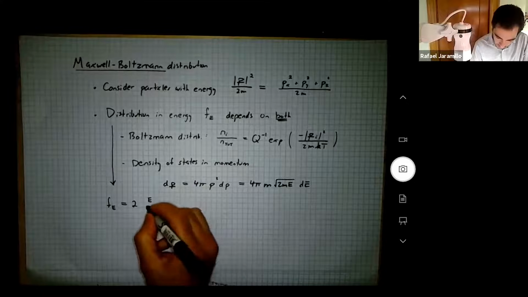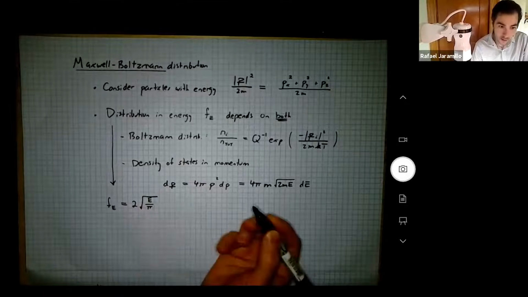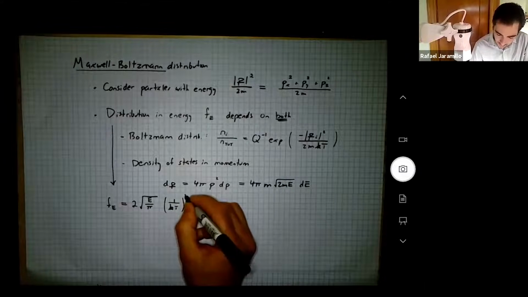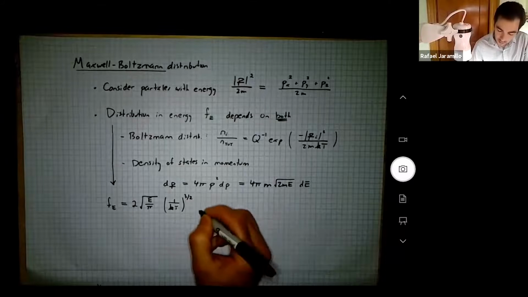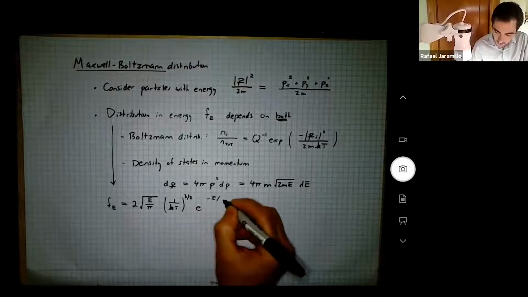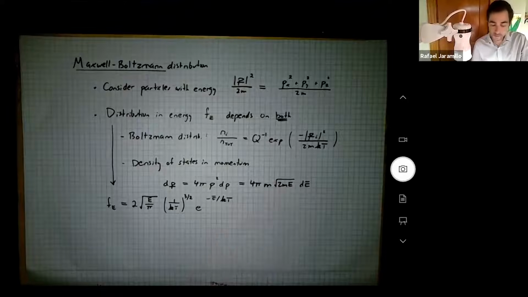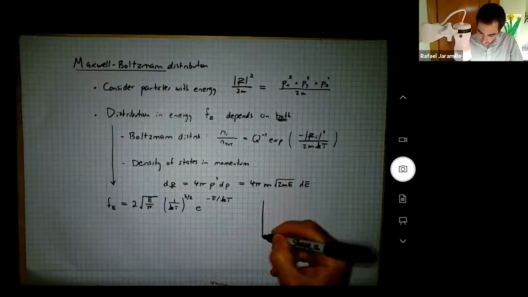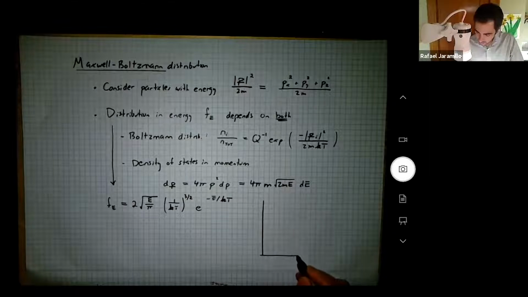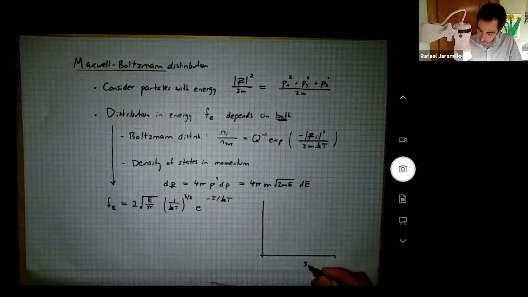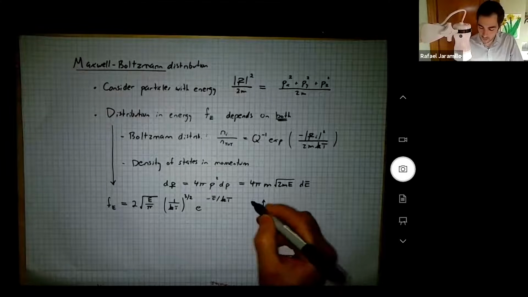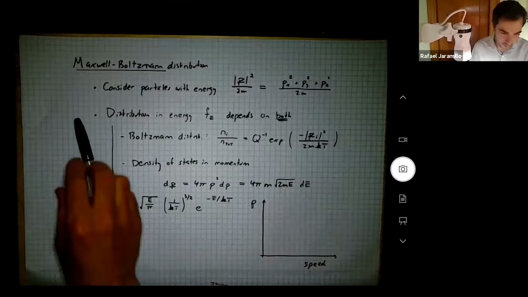And it is 2 root E over pi, 1 over kT to the 3 halves, e to the minus E over kT. So this is the Maxwell-Boltzmann distribution, and if you plot, for example, particle speed versus probability, here's at low temperature.